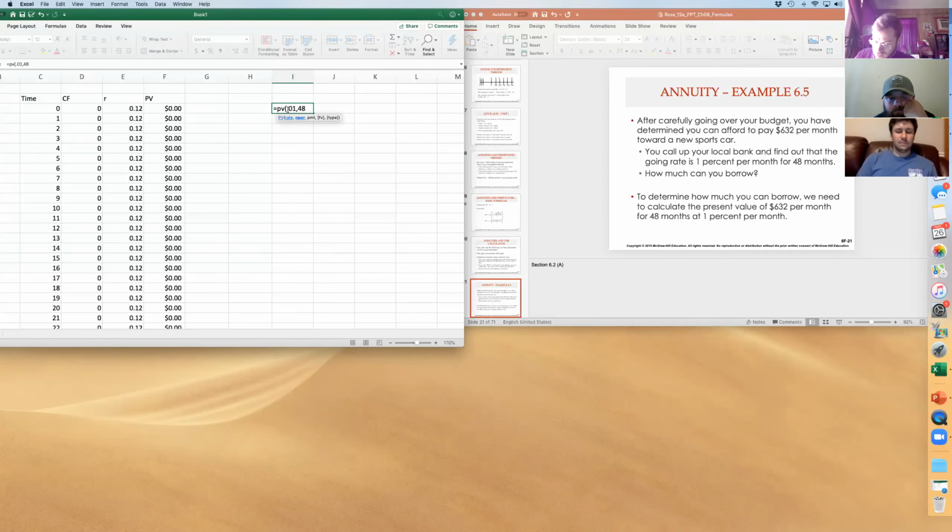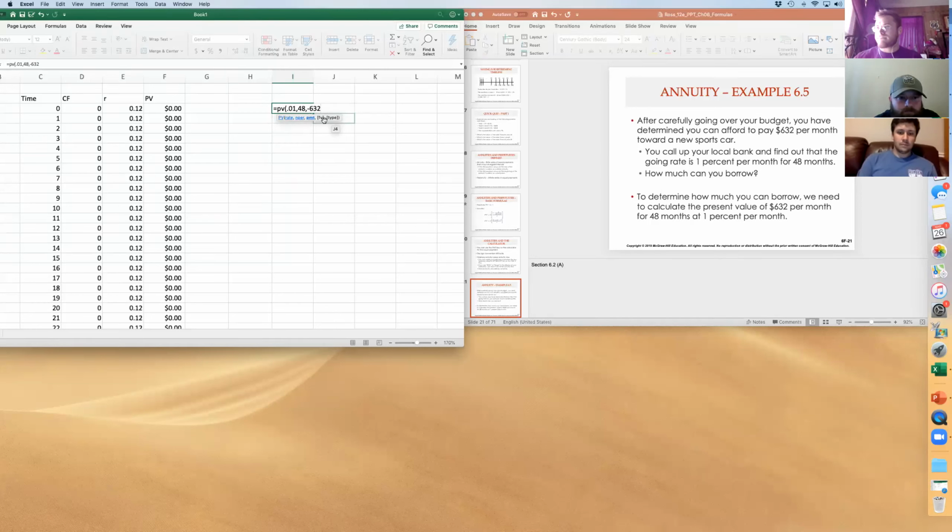They didn't tell you 4 years, all right? So 4 years and 48 months is the same, but you need to put into Excel 48, because everything has to be consistent. You've got a monthly interest rate, you need a monthly number of periods, and you need a monthly payment. And so I'm going to put in a minus 632 here.